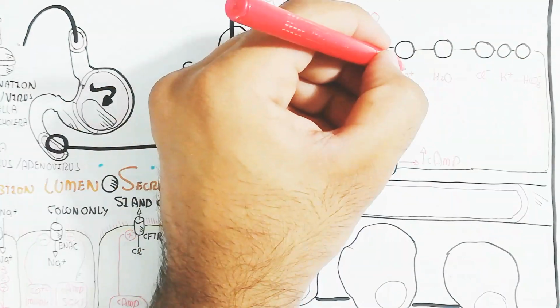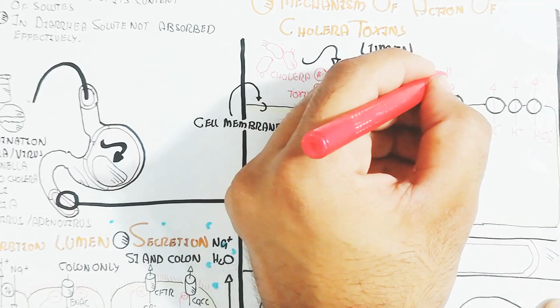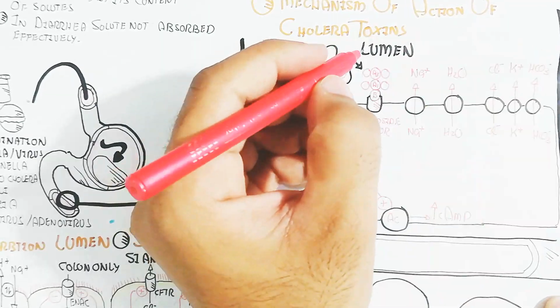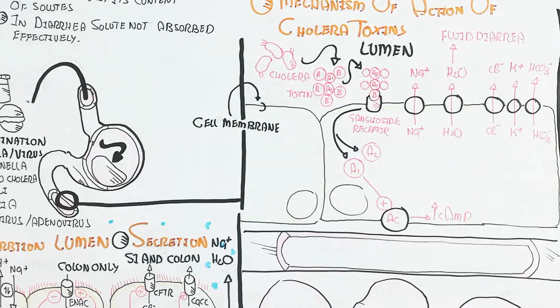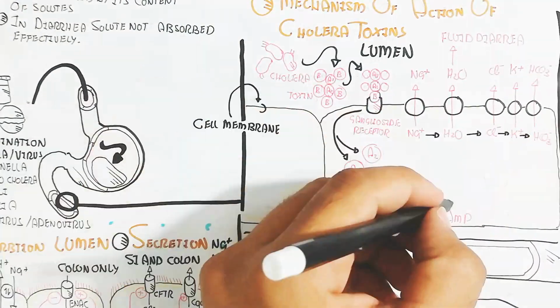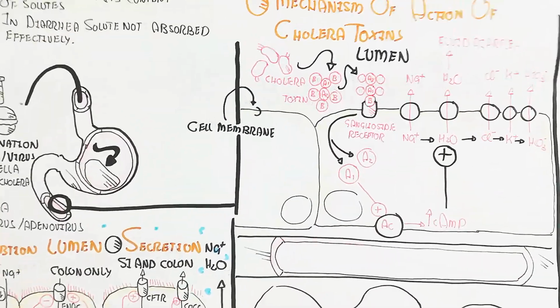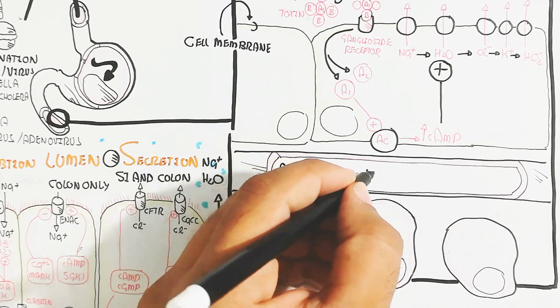When cyclic AMP increases, it will lead to secretion of sodium, and sodium is followed by water, chloride, potassium and bicarbonate ion. In this way, it will lead to acidosis due to the secretion of bicarbonate and chloride, and the water loss will lead to anhydrobiosis and cell injury.